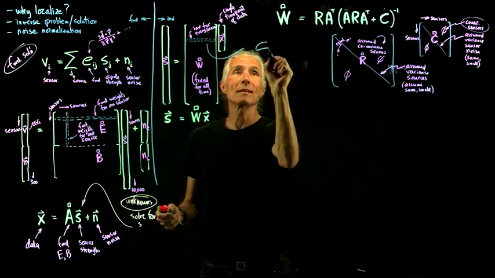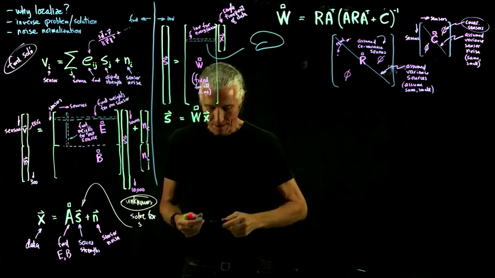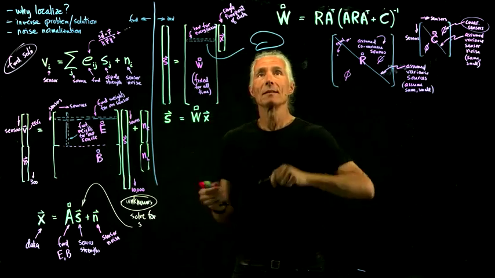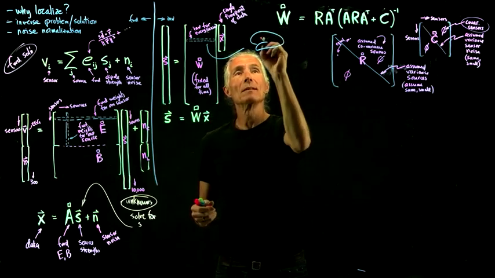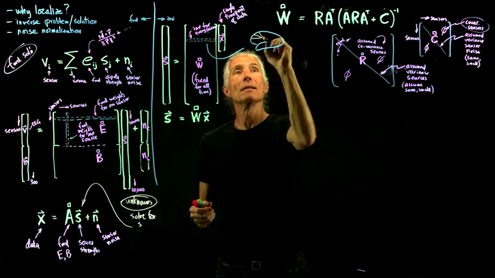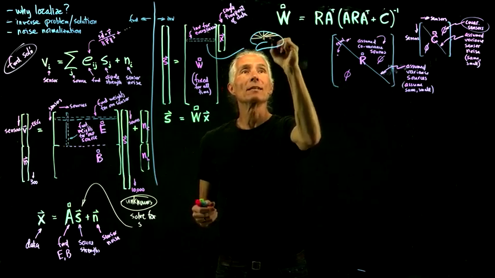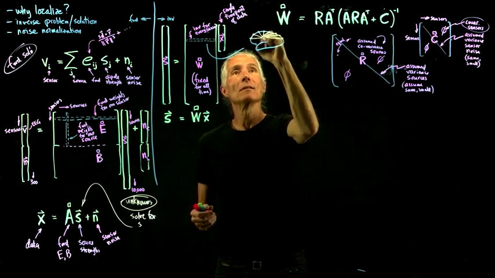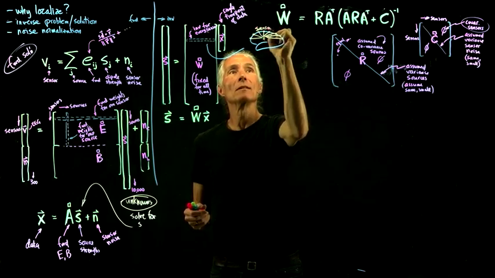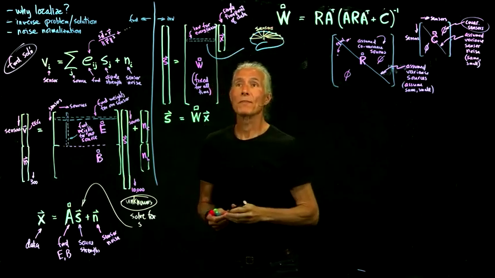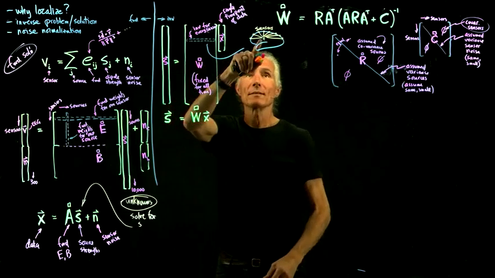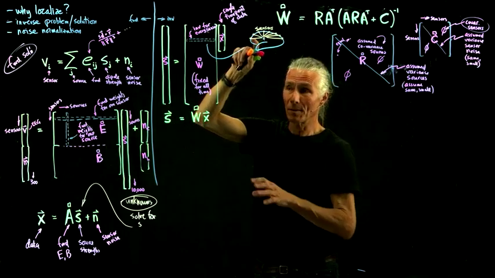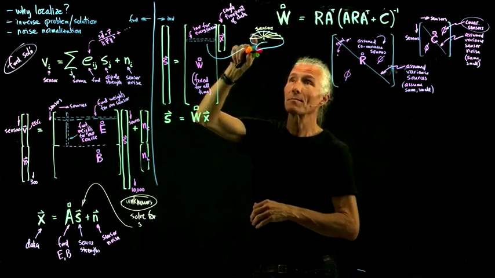What it represents is, for one source, what is the weight for each sensor? Here are our sensors. For a single source, what is our inverse solution weight, which is different than the forward solution, for each sensor?